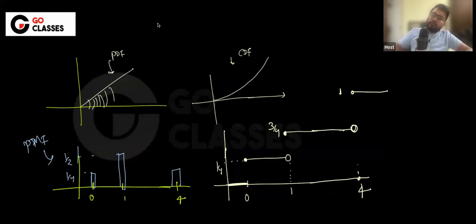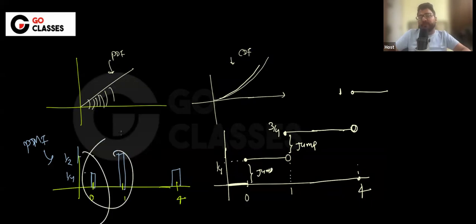Okay. So in case of continuous, the CDF looks like this. But in case of discrete, the CDF also looks like jumps. Why? Because it is just a summation, so suddenly I have something to sum up. That's why sudden jumps.